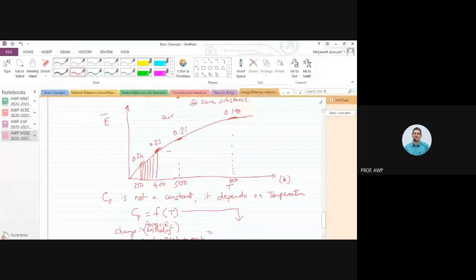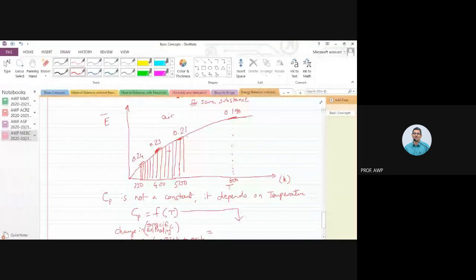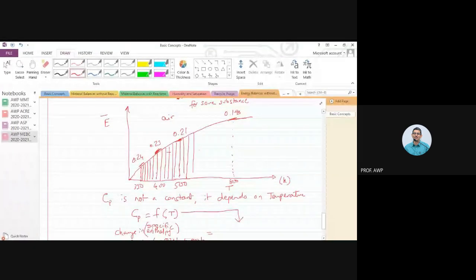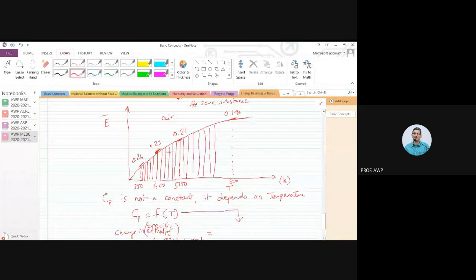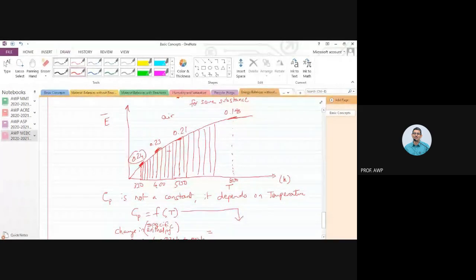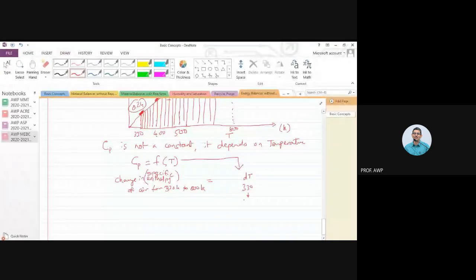Like this, I will take intervals of 1 Kelvin from 330 Kelvin to 800 Kelvin. Now, for this small interval of 330 to 331, I will say that Cp is constant and equal to 0.24. Over this 1 Kelvin change from 330 to 331, I will say the Cp value is 0.24.